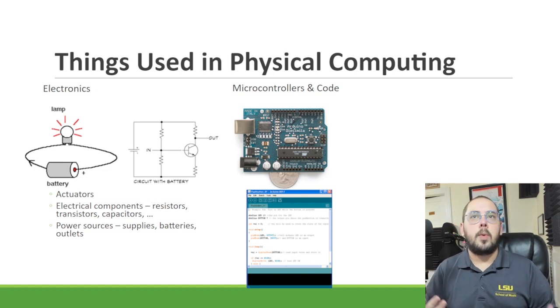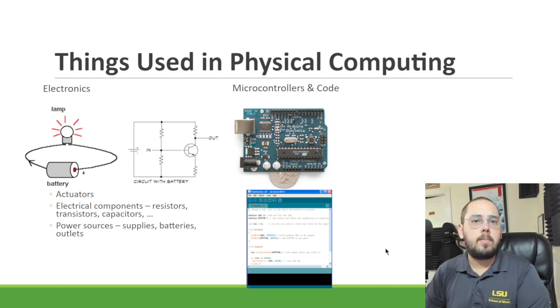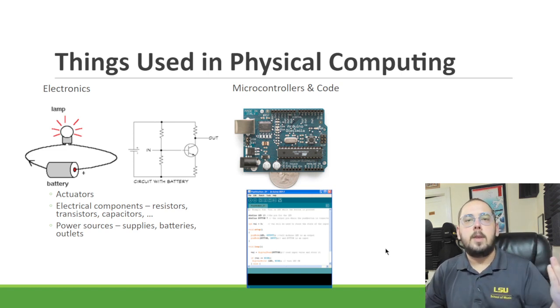We'll be using Arduino for this, things like that, just of that nature. So definitely check this out if you're in the course, or if you just feel like this could be useful for you.